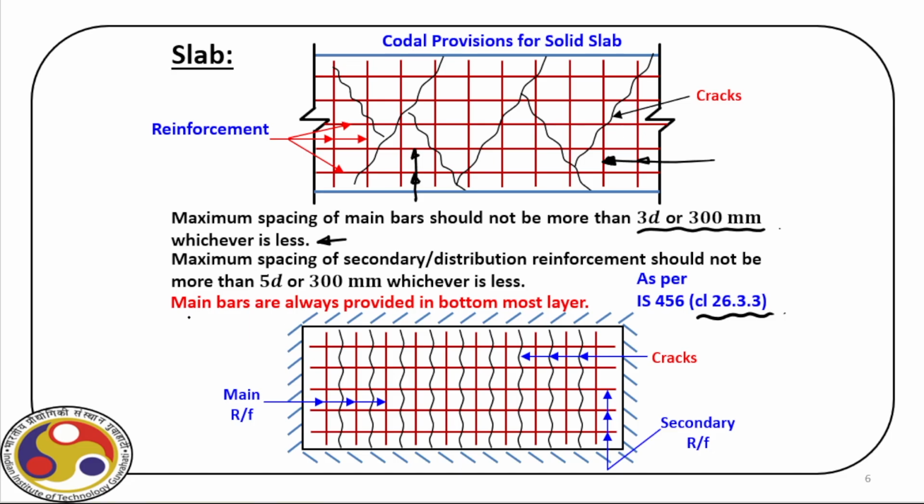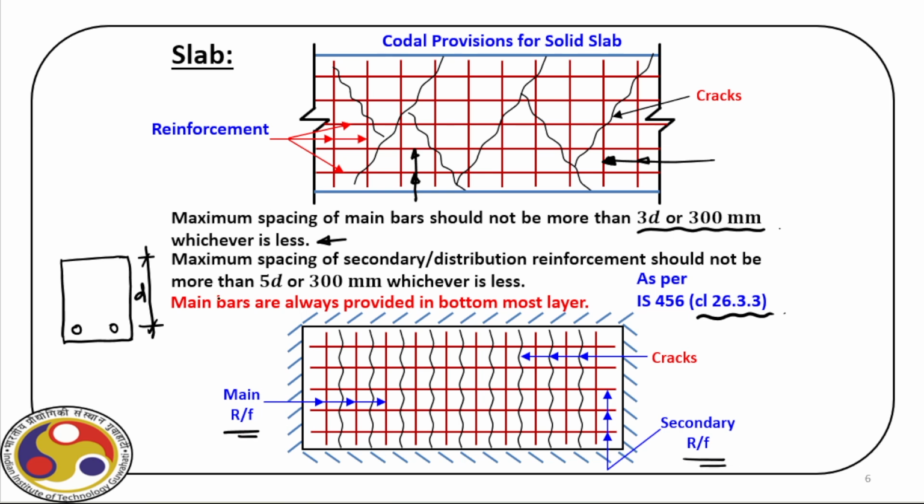Now, the main bars are always provided at the bottommost layer for obvious reasons. If we have, say, a 1 meter strip, the main bars must be provided at the bottom, so that the main bar will get maximum d, or in other words, it will provide maximum lever arm in the dominant direction. As you can see, we have main reinforcement here and secondary reinforcement.